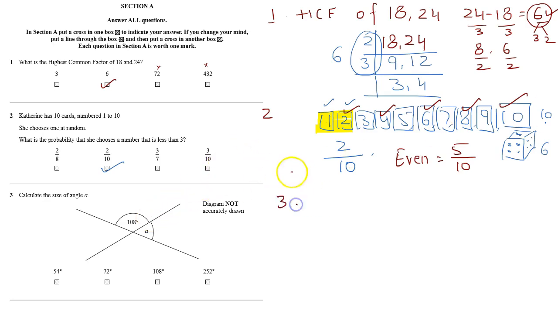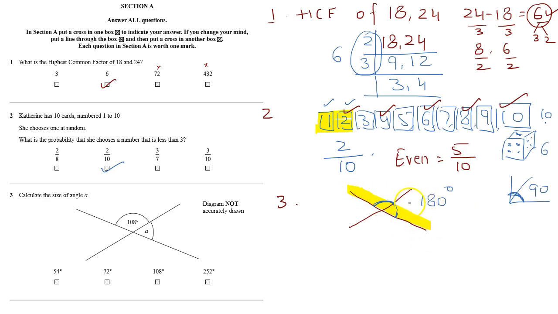Question number 3. Calculate this angle. This is a line, but you can see one thing. This angle is a straight angle, a complete angle. So what is the value of this complete angle? This total is 180 degrees. If an angle is like this, this is 90 degrees.